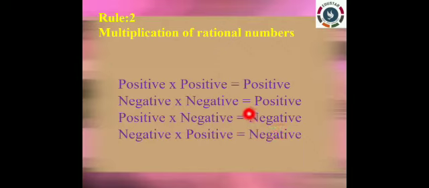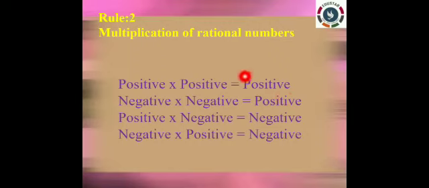When you multiply two rational numbers with the same sign, the result is always positive.